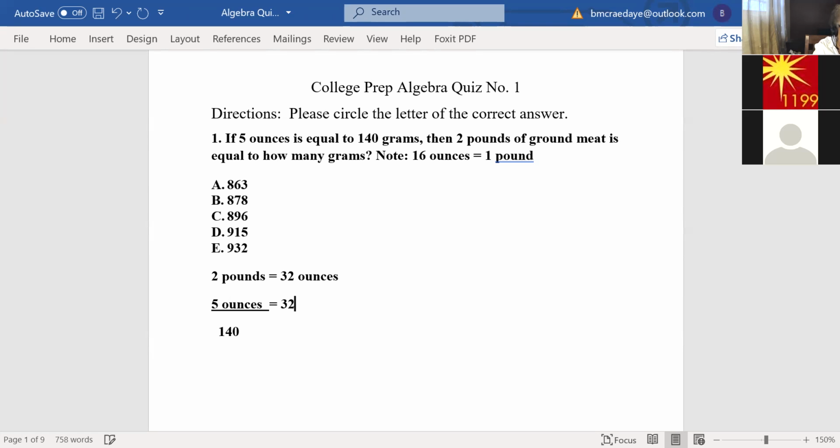So we put 32 ounces. And what we're looking for is how many grams that 32 ounces is equal to. So let's just underline that, and we'll call that N. That's our unknown.